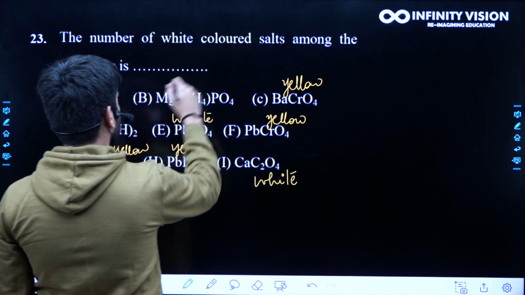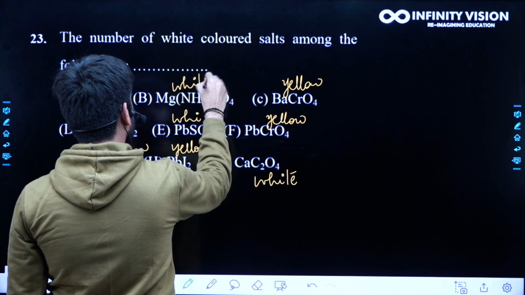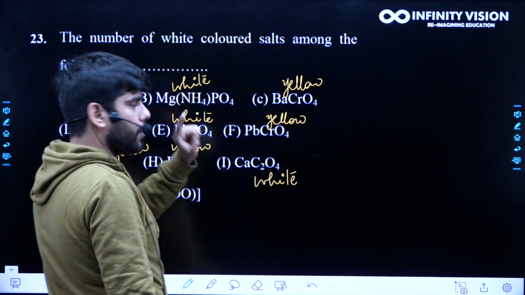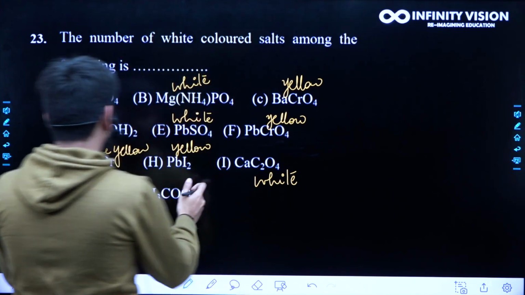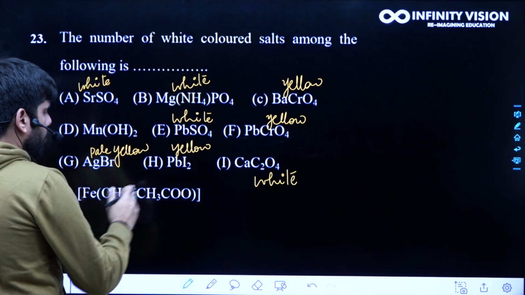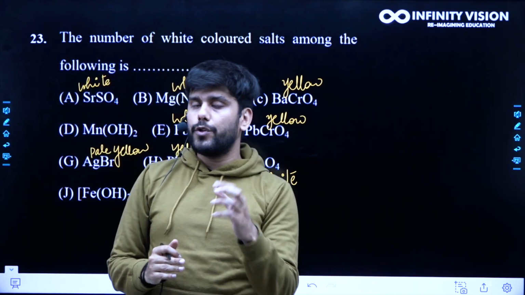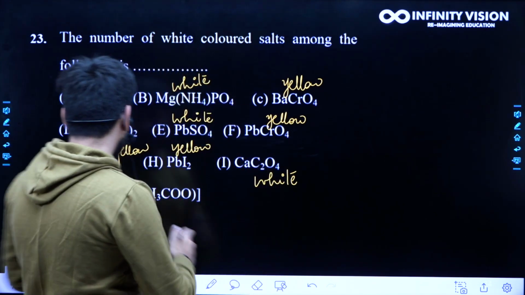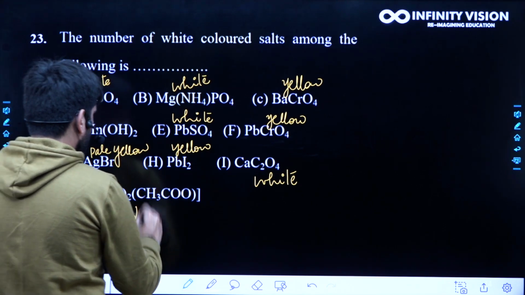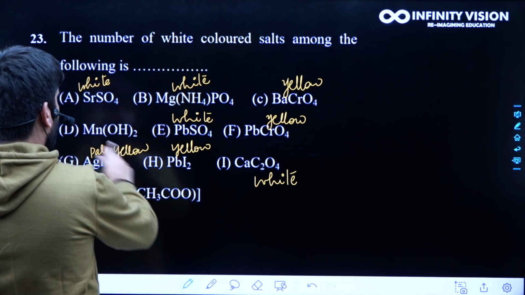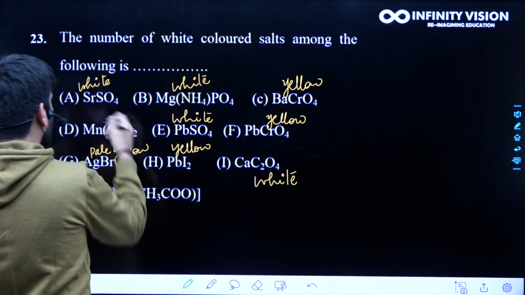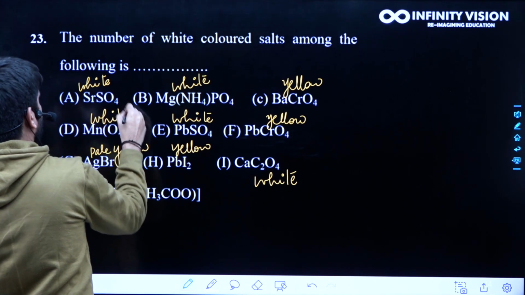So this is again white in color. Then we have this complex, which we see during the test of acetate ion, and it is red in color. And manganese hydroxide is also white in color.